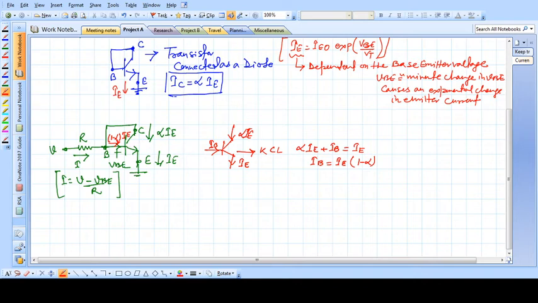Now we can make it more clear. I am making another diagram for the same thing.